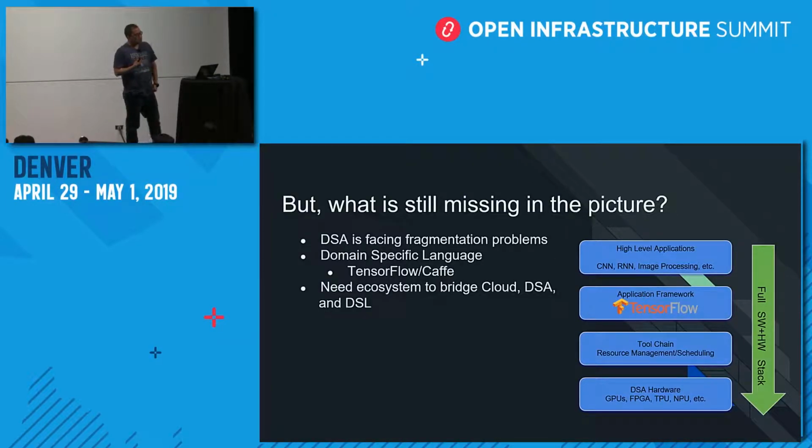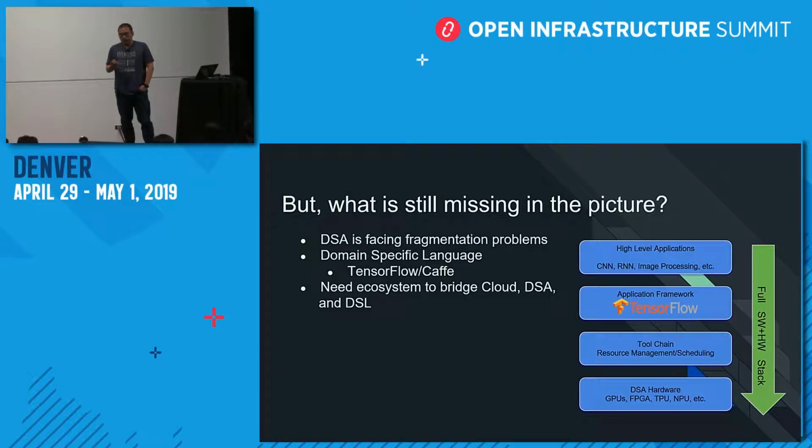But what's still missing in this picture? Having all of these DSAs, we're facing fragmentation problems, because every single piece of hardware does very small things. Unlike a CPU, which is a general purpose processor that does pretty much everything, those TPUs and NPUs just do a small set of things, and they do it in their own way.